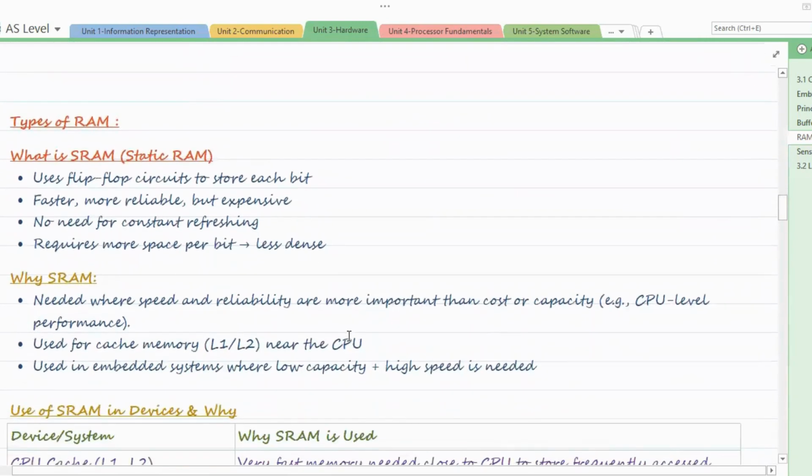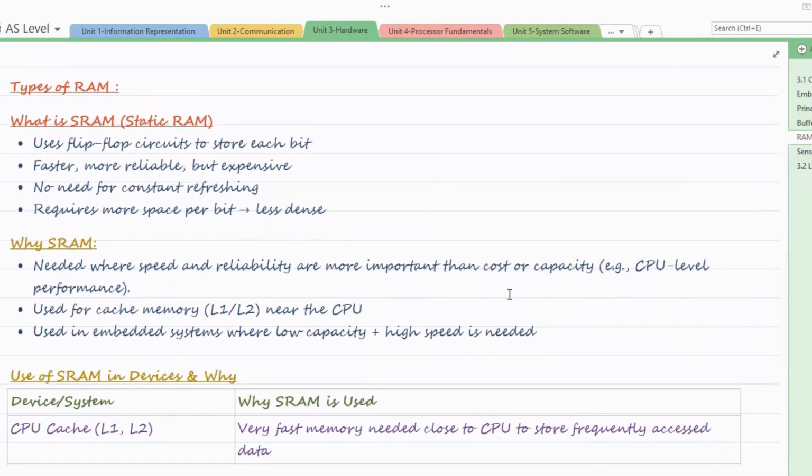Now let's talk about types of RAM. First of all, we are going to talk about SRAM. SRAM stands for Static Random Access Memory. The word static means that data remains stored as long as power is applied. Unlike DRAM, that is dynamic RAM, SRAM does not require refreshing.